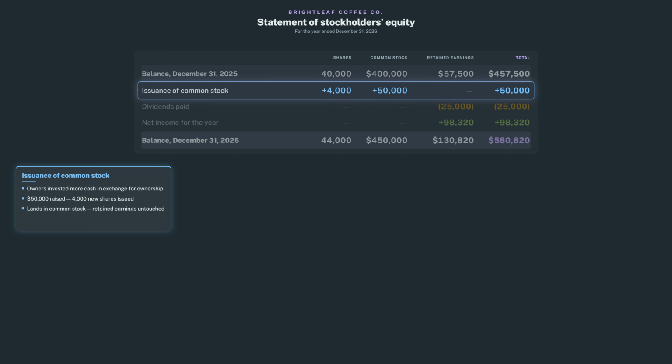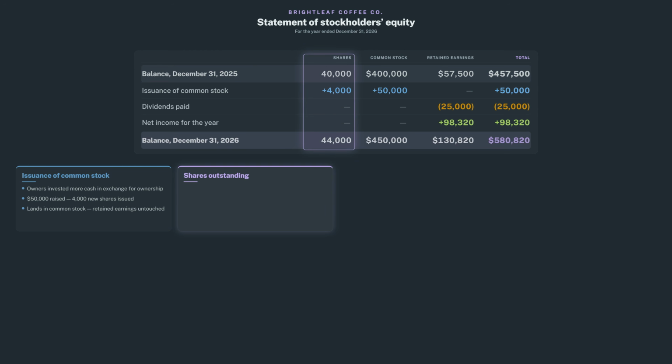Now there is one more interesting thing we can learn about common stock here, and that's the number of shares outstanding. You could see that at the beginning of the year, the common stock of $400,000 represented 40,000 shares outstanding. So to that point, Brightleaf had issued each share of stock for an average of $10. But for the stock issued during 2026, it required $12.50 to purchase one new share.